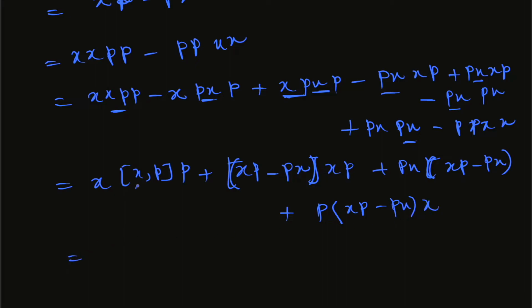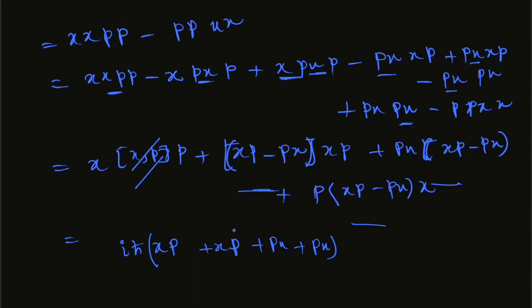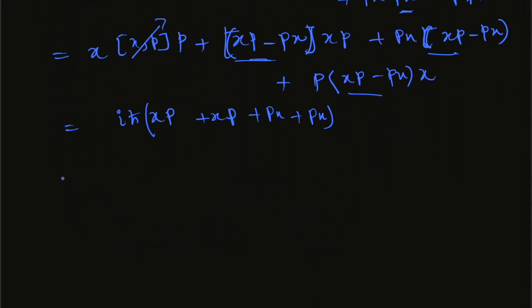That means this will be iħ. So every term will be iħ. This is also iħ, this is also iħ, this is also iħ. So iħ xp plus xp plus px plus px. That means 2iħ(xp plus px).